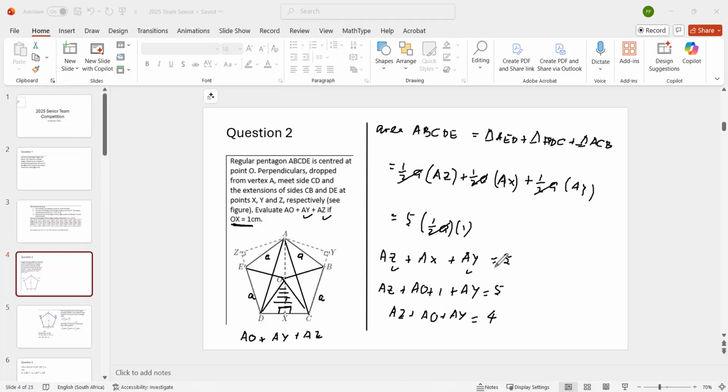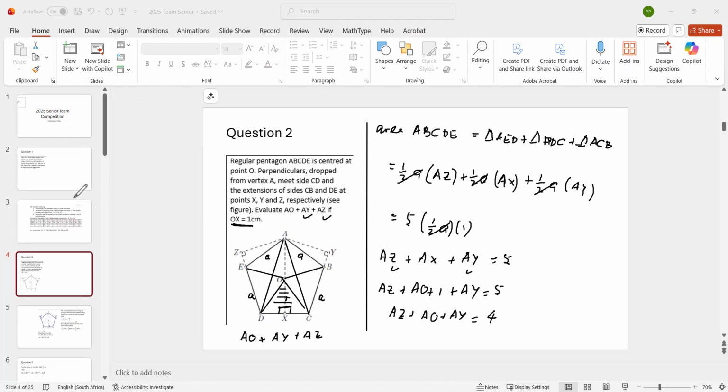You have to have the insight to notice that you can get an equation because the area of this polygon can be calculated two different ways using the heights that are given.